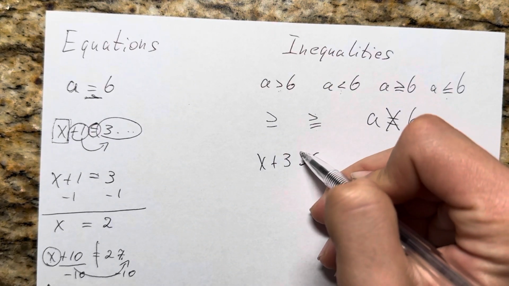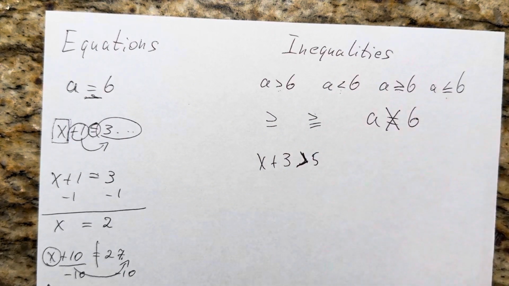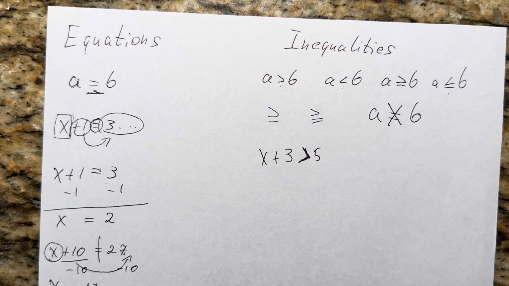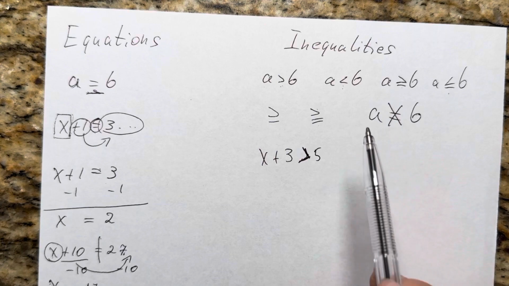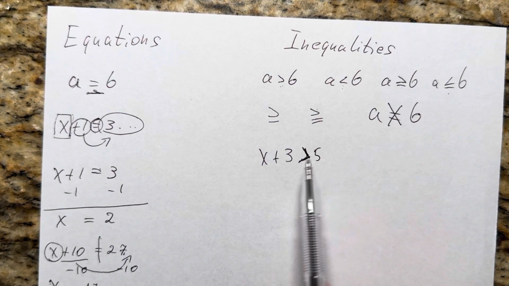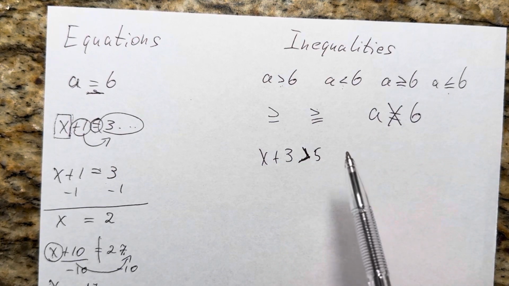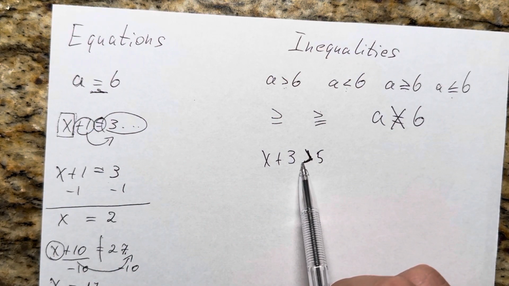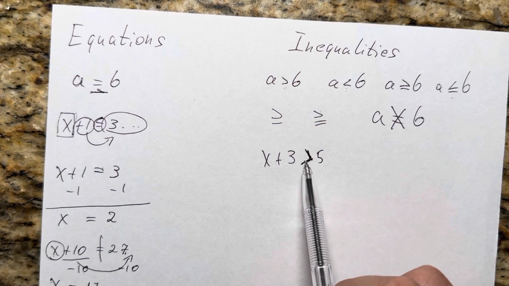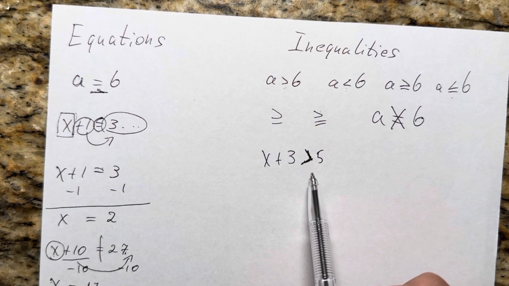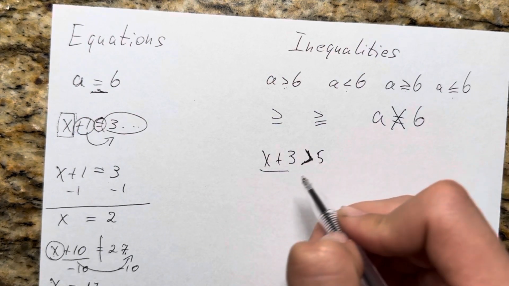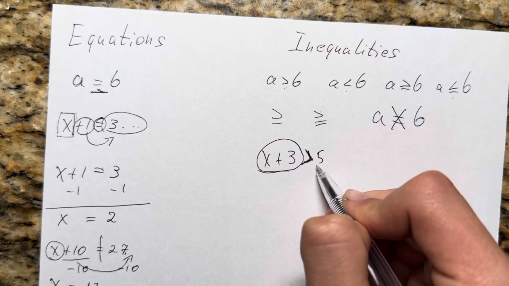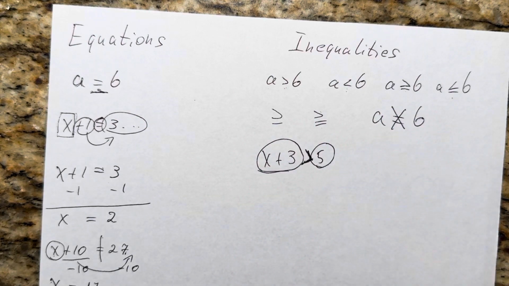That's a greater than sign. Sorry, my handwriting is bad. In inequalities, we also have something like equations, but we don't have an equal sign. We have an unequal sign. In this case, we have a greater than sign, which means that this is bigger than this.